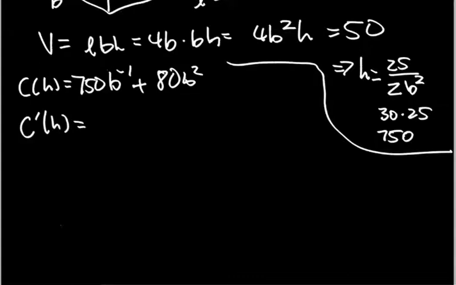So let's take the derivative so that we can find the minimum of this. So 750 times b to the negative 1 plus 80 times b squared. So negative 750 b to the negative 2 plus 160b. Alright, that's going to equal 0.